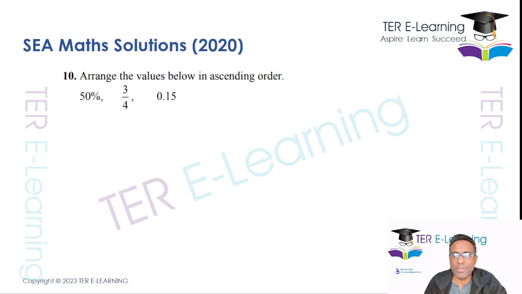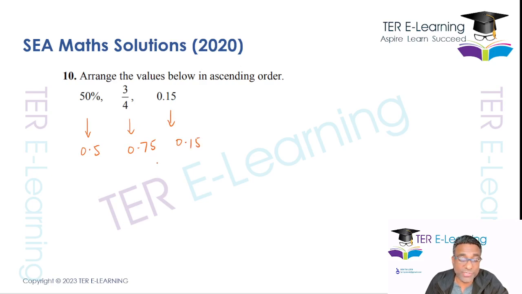Question 10, we want to arrange these in ascending order. Ascending order means from smallest to biggest. We have a percent, a fraction, and a decimal. If I were you, I would express them all as decimals. So 50% is 0.5, 3/4, you all should know, is 0.75, and 0.15 is already a decimal.